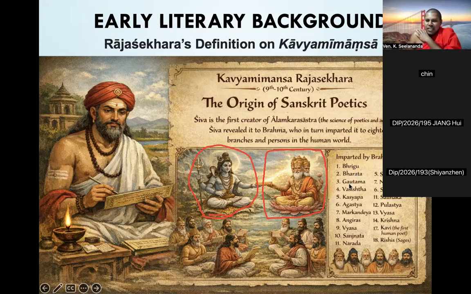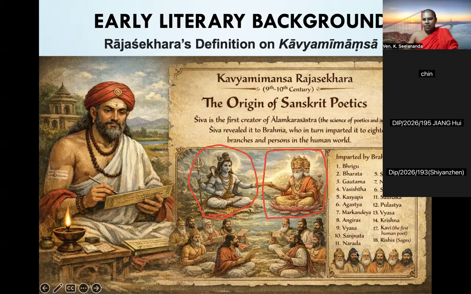These are the names: Bhrigu, Bharata, Gautama, Vasishtha, Kashyapa, Agastya, Markandeya, Angiras, Vyasa, Narada, Shuka, Pulastya, Krishna, Kavi, Rishis. Actually, these names are a little confusing because the same names are also mentioned elsewhere. This cannot be believed as real, but it is a myth in Sanskrit literature and Indian tradition.